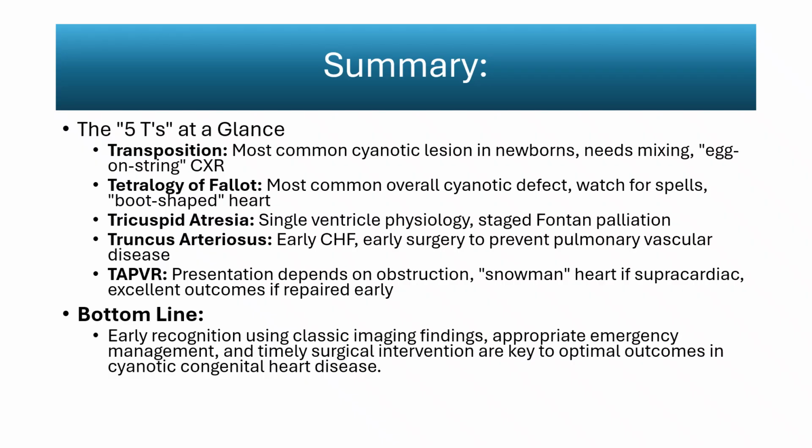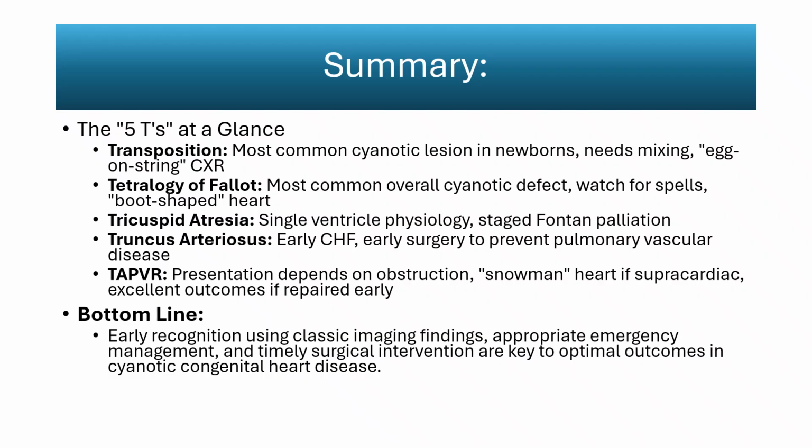Tricuspid atresia produces single ventricle physiology, requiring staged Fontan palliation to achieve separated circulations. Truncus arteriosus combines a single arterial trunk with early congestive heart failure, necessitating surgical repair in infancy to prevent pulmonary vascular disease. Total anomalous pulmonary venous return has a presentation that depends on obstruction.